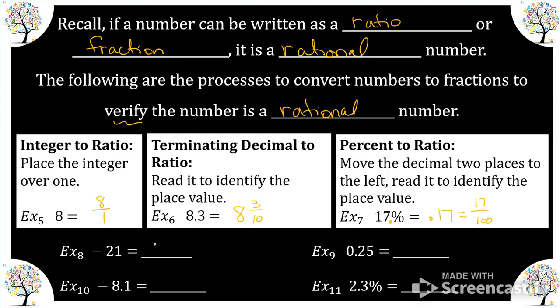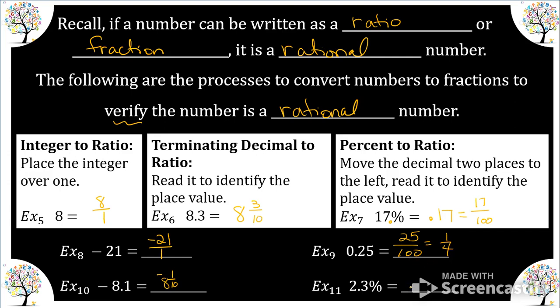Example number 8, here we have an integer, we can place it over 1. 0.25 or 25 hundredths, we can simplify if we want to. Negative 8 and 1/10. And then example 11, we have 2.3%.